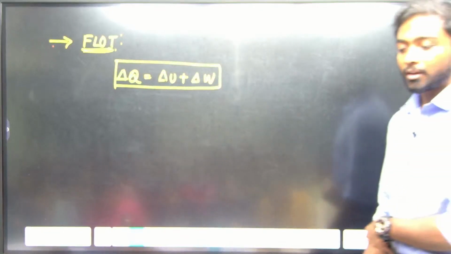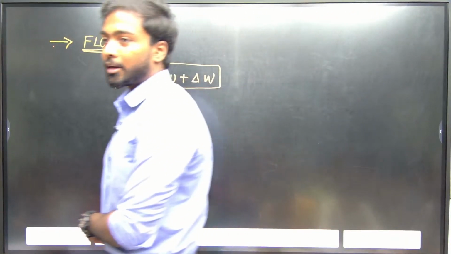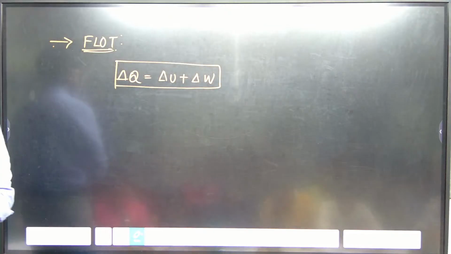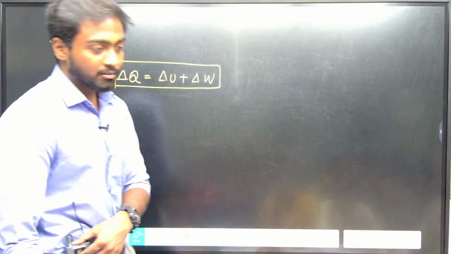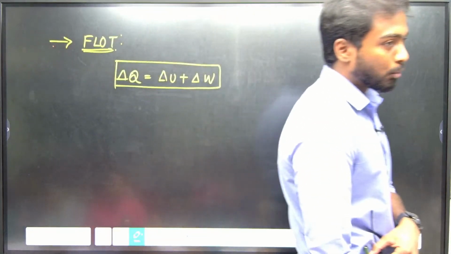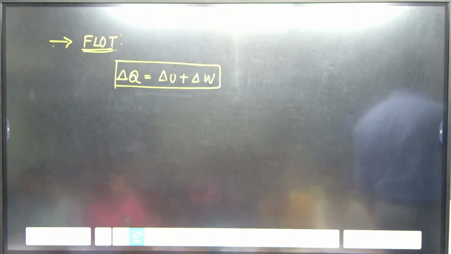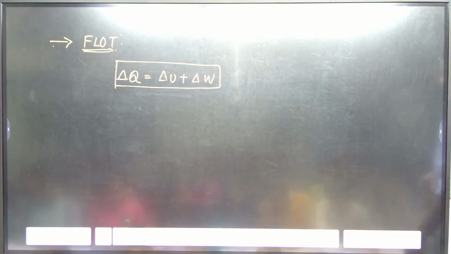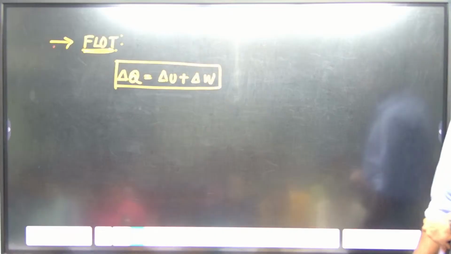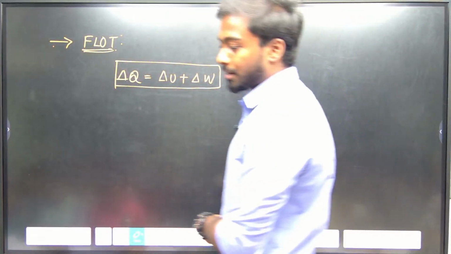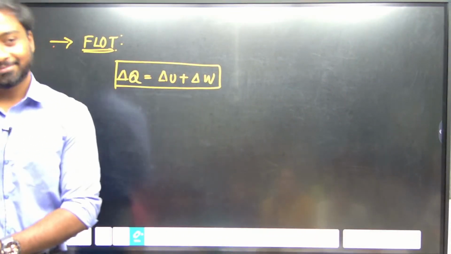Now try this question. What are the things they have given here? Delta Q they have given, delta W they have given. Q is how much? 60 calories. So convert it into joules: 60 into 4.2. And what about delta W? Is it by the gas or on the gas? On the gas. Is it negative or positive? Negative.